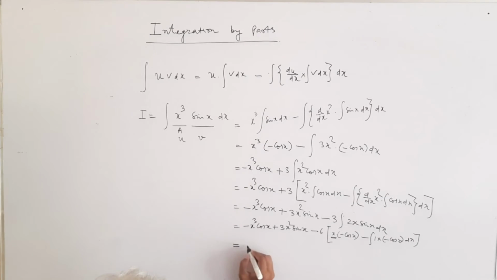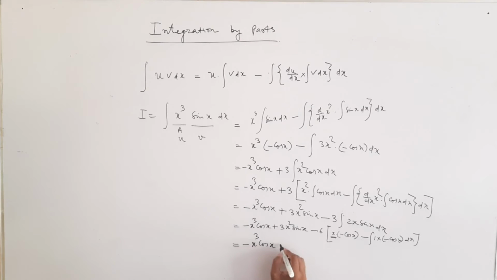So this is minus x cube cos x plus 3x square sin x.